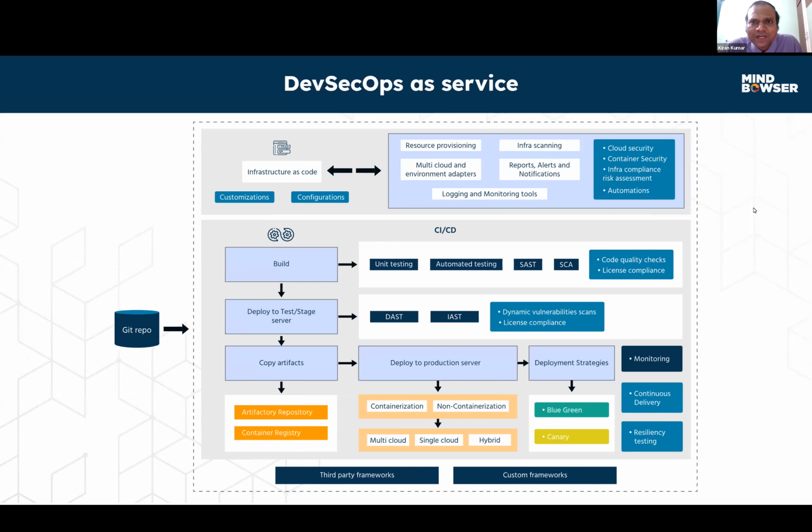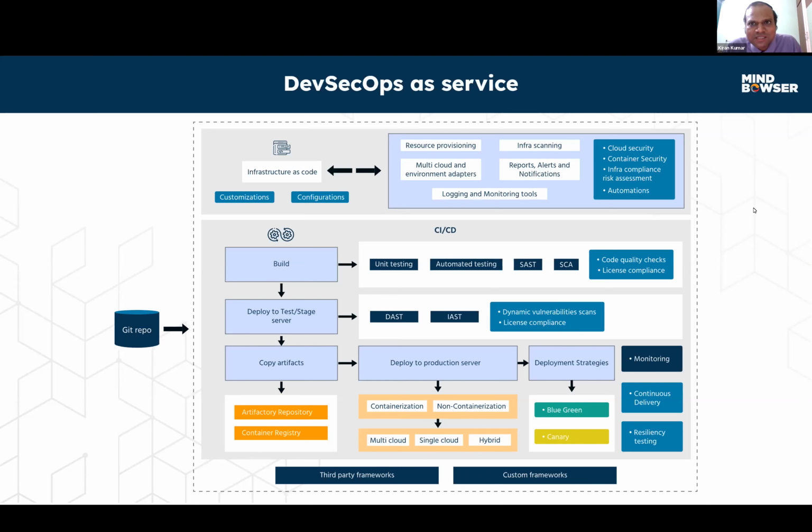So mainly when we do infrastructure as code, while provisioning the infrastructure, we follow the security policies, where we run the policies as code. Similarly, once the infrastructure is provisioned, we frequently run infra compliance risk assessments. For that, we use some tools, which we will study in the coming slides.